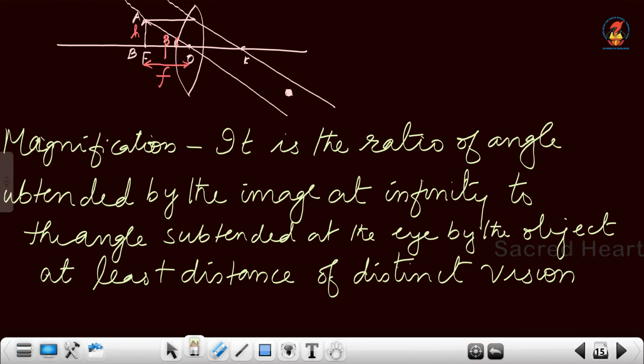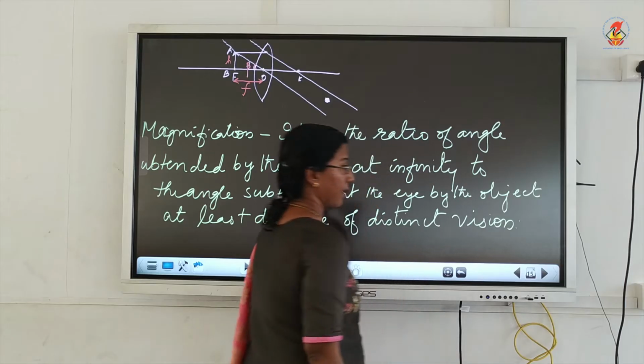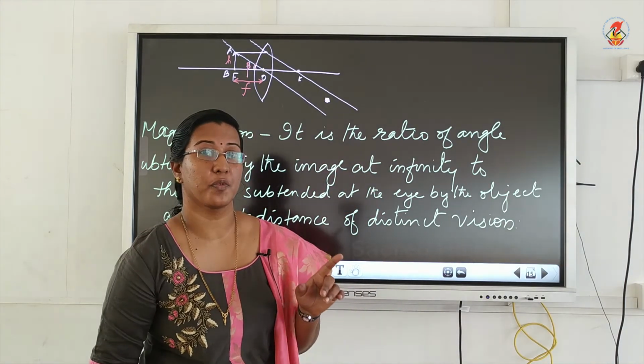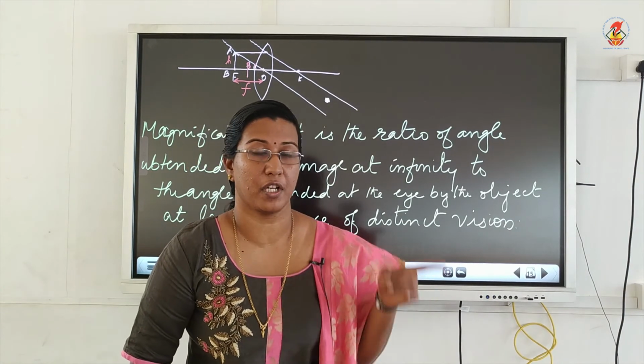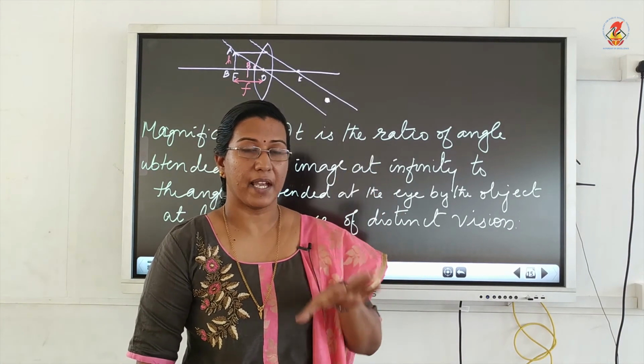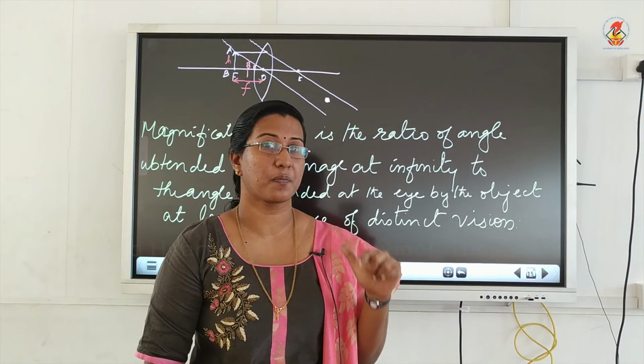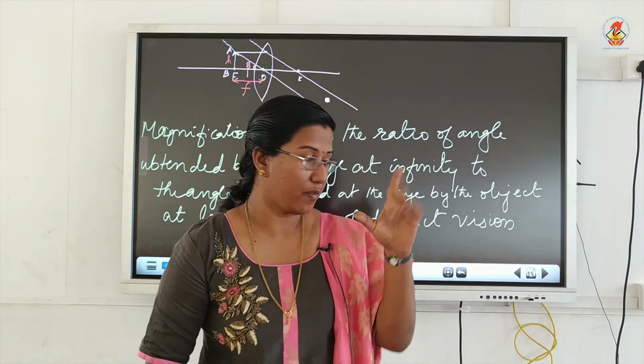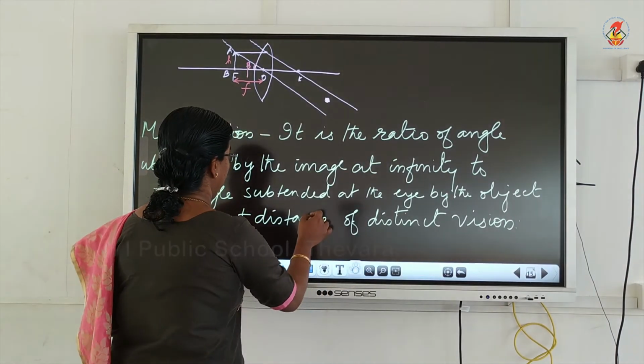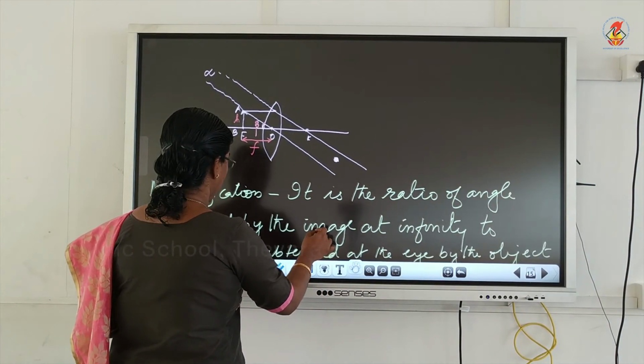In the previous case, the image and the object were assumed to be at the least distance of distinct vision, but if the image is formed at infinity also, we are assuming that the object is placed at the least distance of distinct vision. So for that we are drawing a separate diagram.